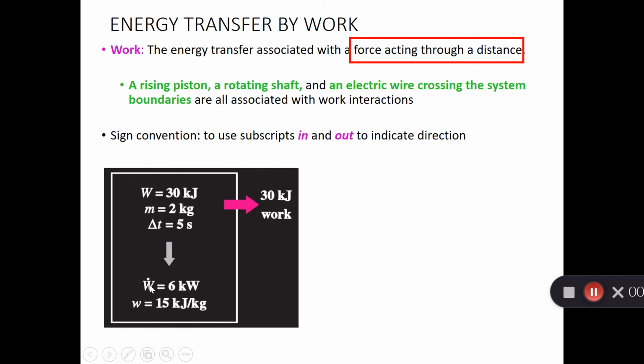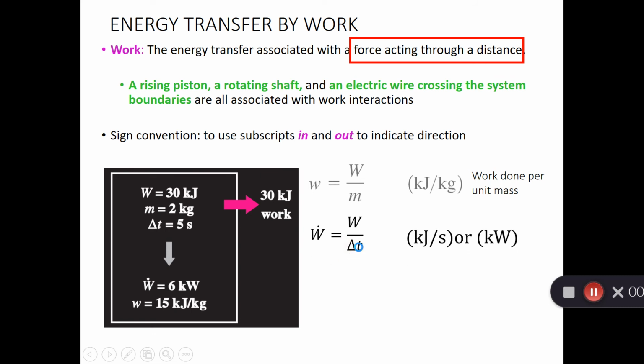So this is W dot, which is work per time, or rate of work. And this is work per unit mass. So this is the equation. This is work divided by time.